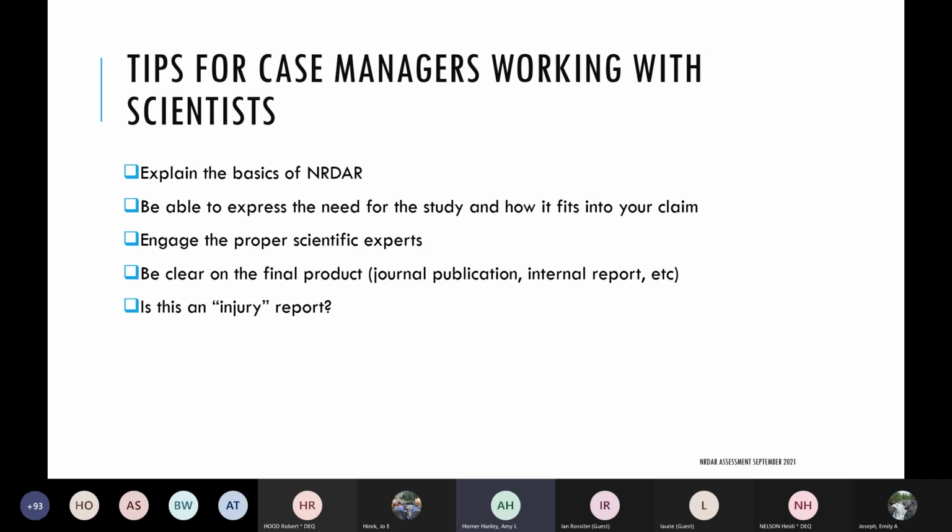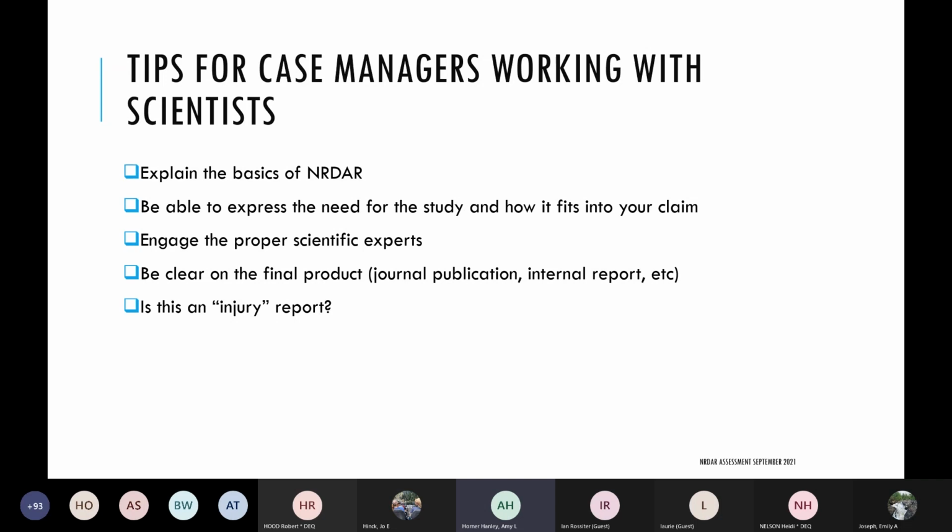One question that comes up a lot in my cases is, is this an injury report, right? Injury arguably is a term of art for natural resource trustees. And so if you're working with a particular expert who might not be an expert in NRDA, and they've performed a study for you, then you might need to figure out if their results reach the conclusion of injury or if they are just stating the results.